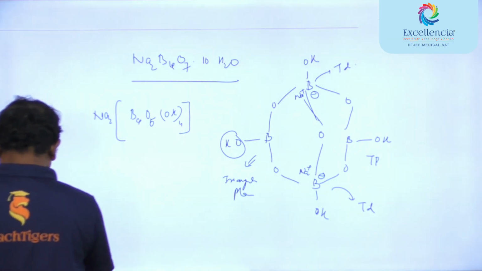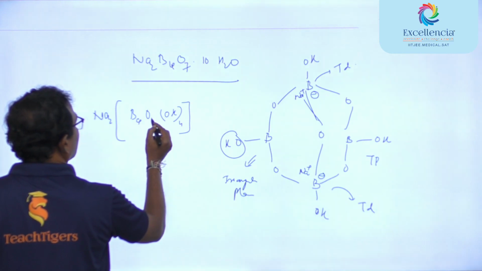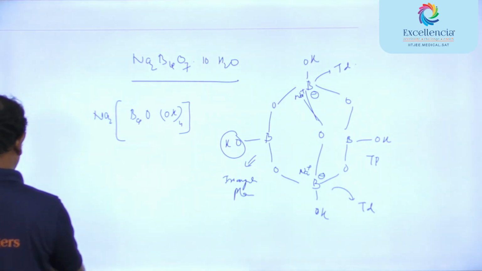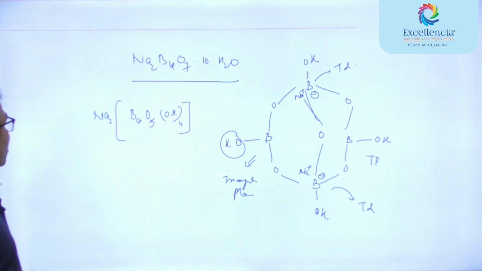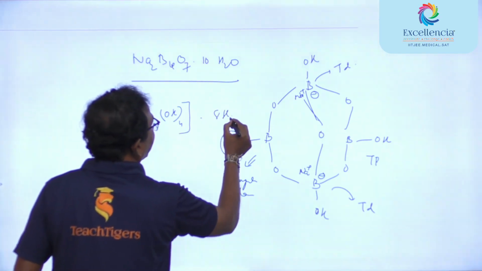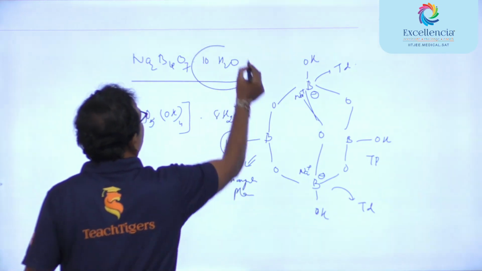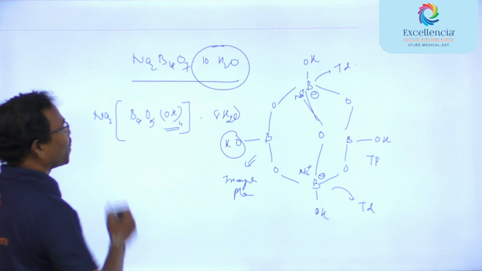So Na2B4O5(OH)4, and then you have the so-called 8 waters, because out of 10 waters, 2 moles of water are part of this.